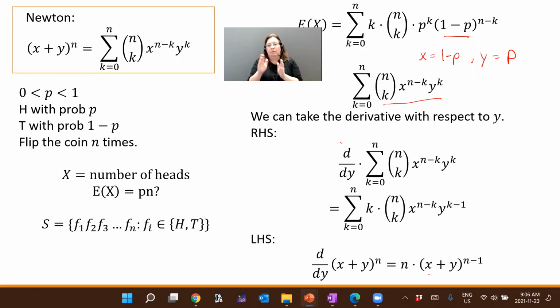So we have n times x plus y to the n minus 1 on the left-hand side. So this is almost looking like what we want, except we have a k minus 1 here, which is a bit awkward because k starts at 0. So it would be nice if we can get this back to k. Of course, there's an easy way to do that: multiply both sides by y.